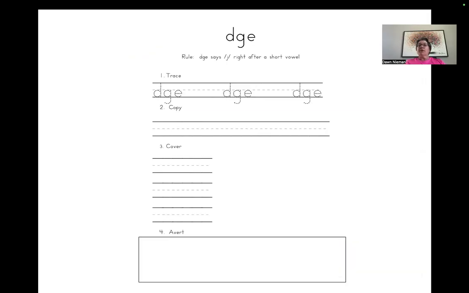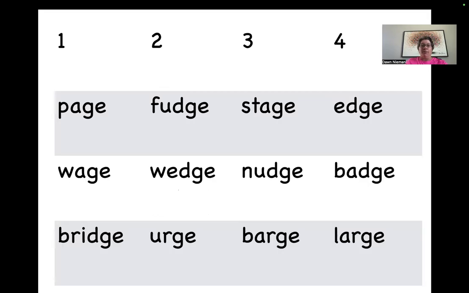Here's your trace copy cover that is in your Google Drive folder. And you see how it says DGE says J right after short vowel. They're going to trace that DGE and they are going to say that jingle at the top.